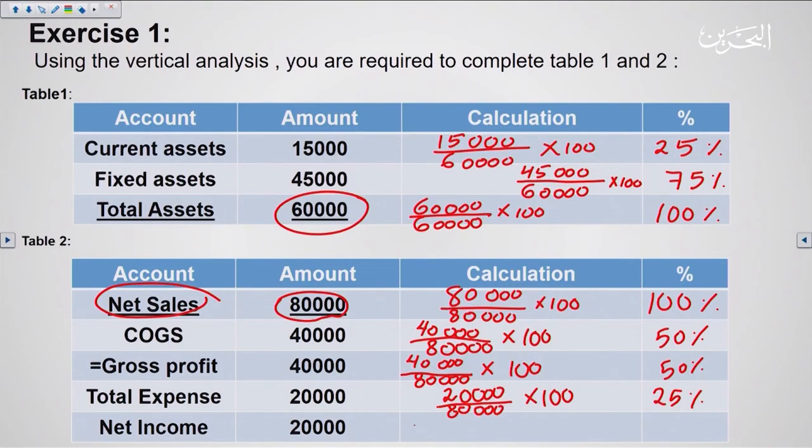And finally, the net income, 20,000 divided by 80,000 multiplied by 100 equals 25%.